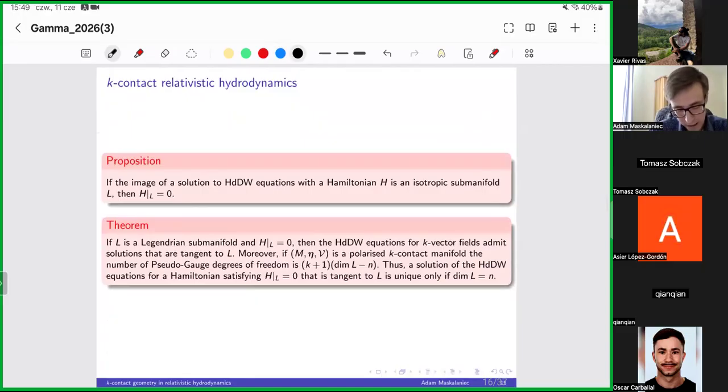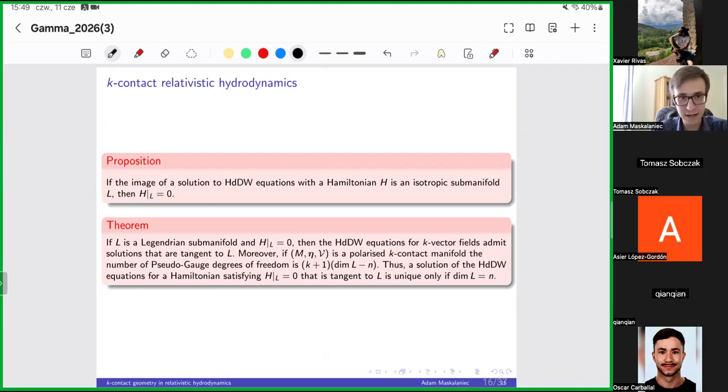So now those pseudo-gauge transformations are really interesting for us because some modifications, for example, of the energy momentum tensor might have physically measurable results.